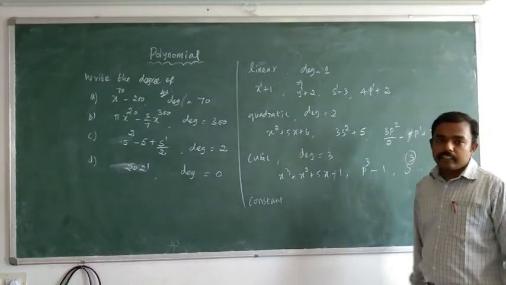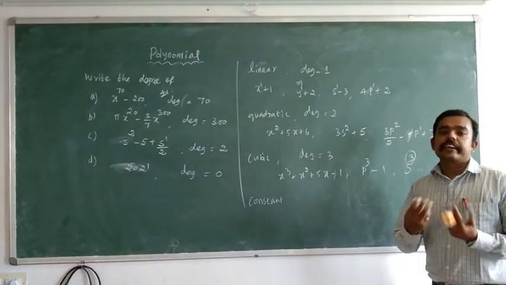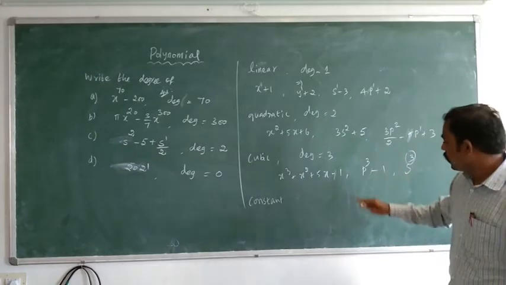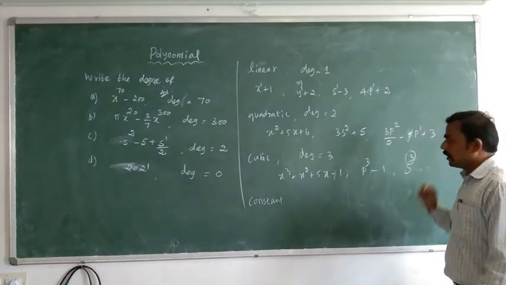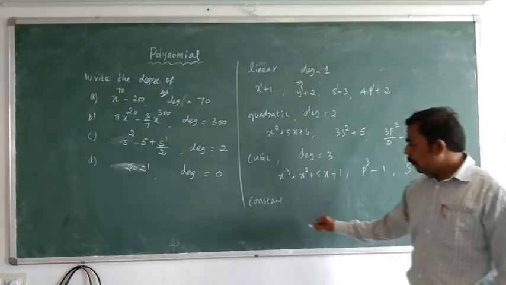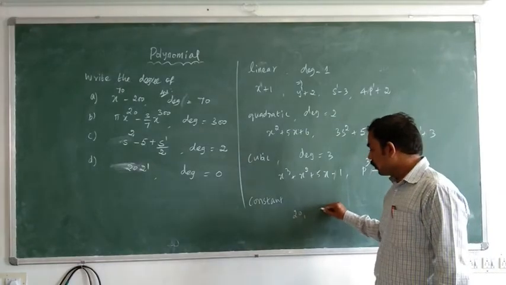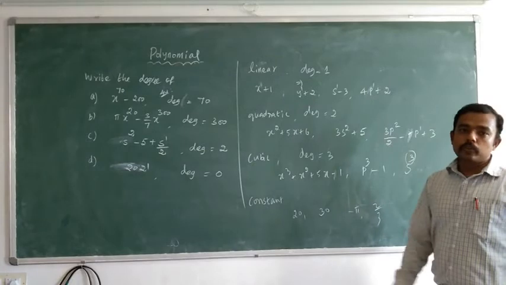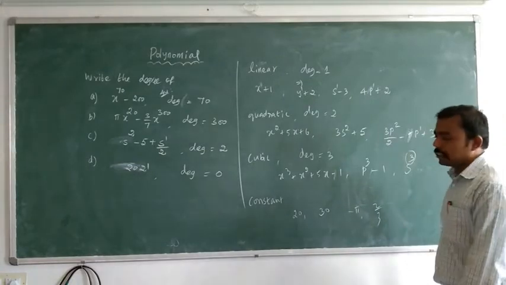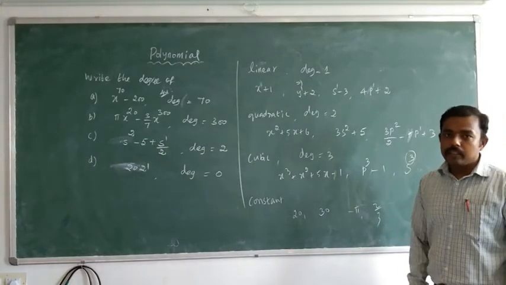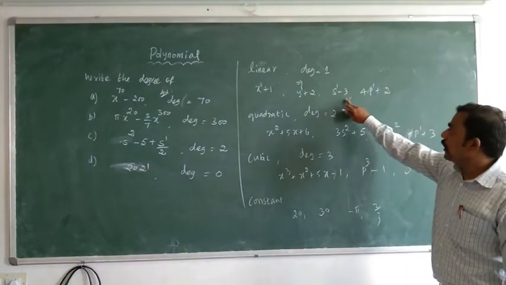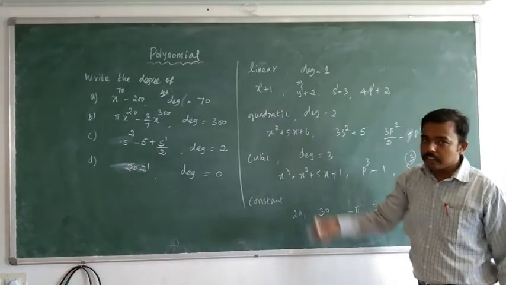Now check the degree in this expression, which is the highest number. So now the highest number is 3, so we can write degree 3. So here degree 3, here degree 3. So only the numbers we have, 20, 30, minus 5, 2 by 3. There is no variable. So these are all constant terms. That is a constant polynomial. So in that expression, 2 minus 3, 2 plus 1 all are constant.